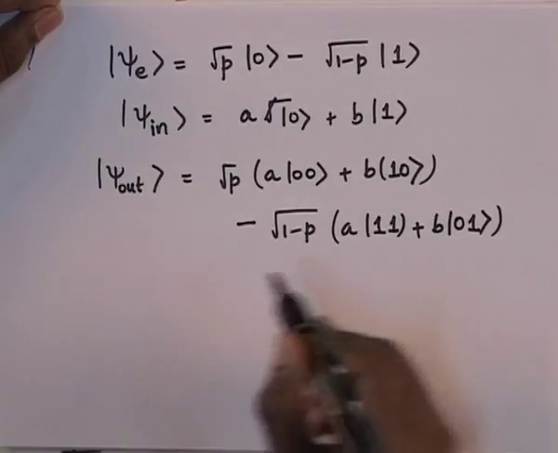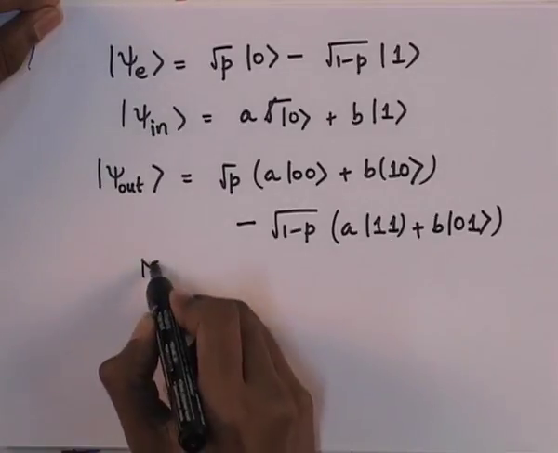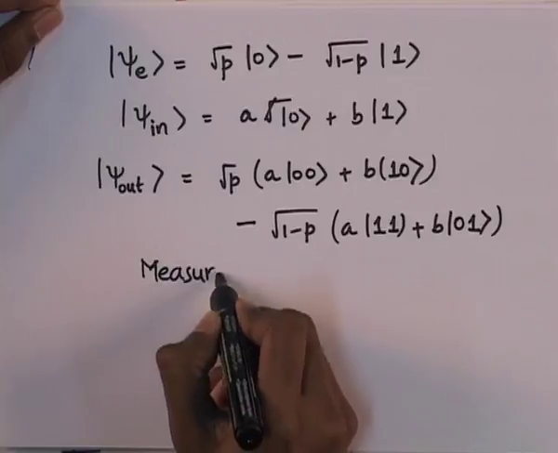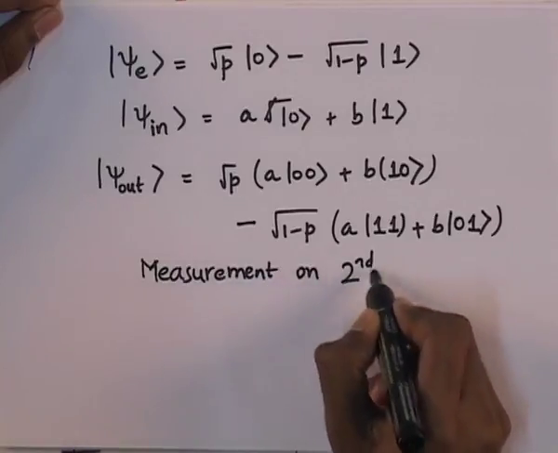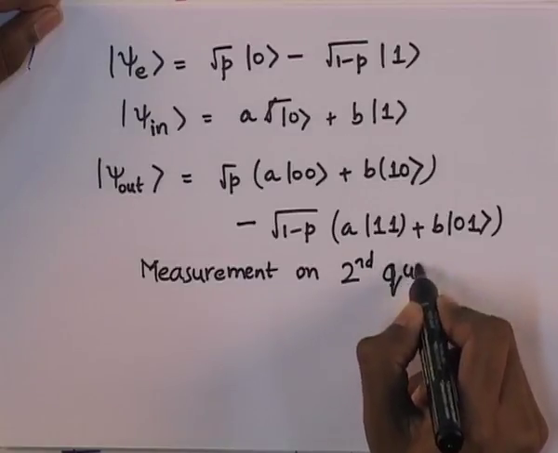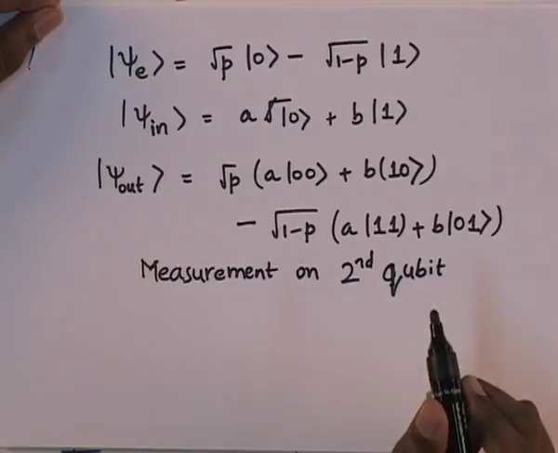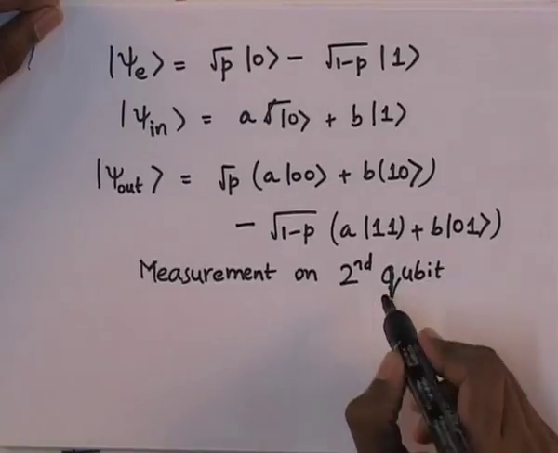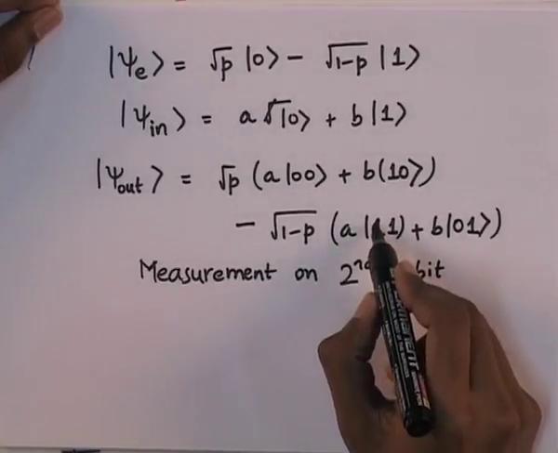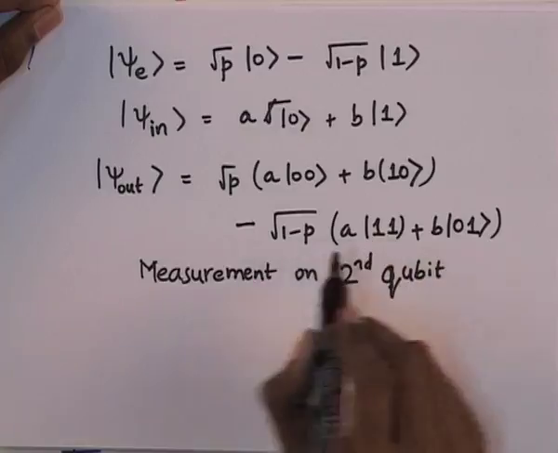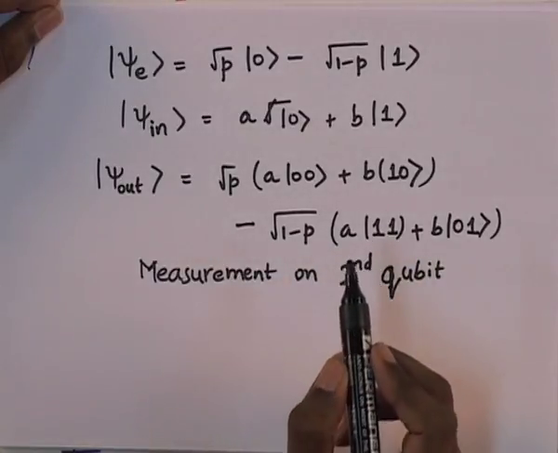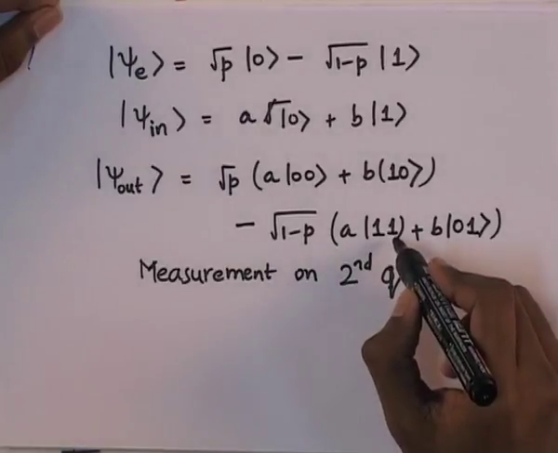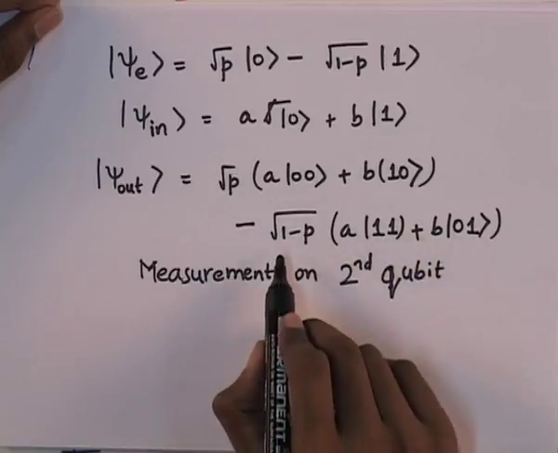So similarly we have a measurement on the second qubit now. We see that if the measurement on the second qubit turns out to be qubit 1, we have a bit flip and also a phase flip. As we have seen, the probability that the measurement on the second qubit turns out to be 1 is 1 minus p from the previous question.